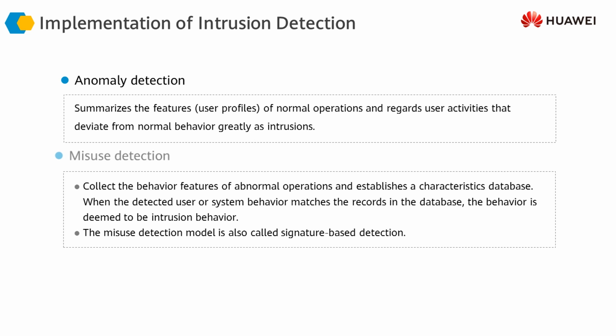First, let's take a look at misuse detection or signature based detection. What we mean by signature based detection is that an IDS has a database of typical attacks or typical intrusions that have historically happened or that can happen, and there is a record of those intrusions in the knowledge base.